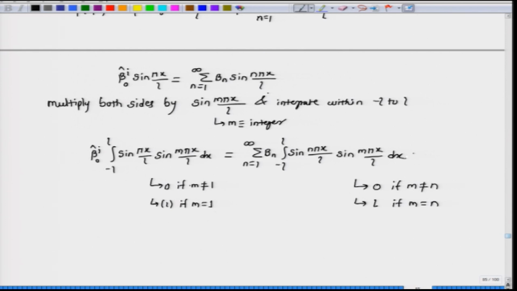So, in effect, if both the sides are 0, then it will not help. So, m has to be equal to n and m has to be equal to 1.